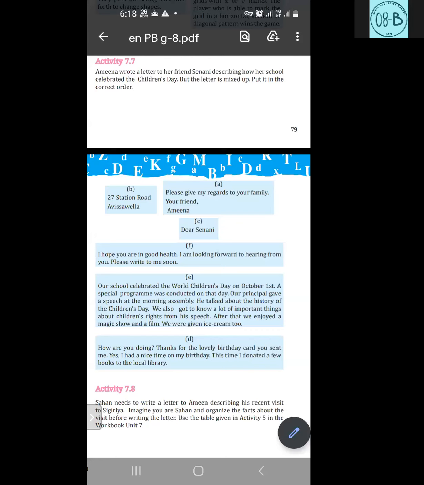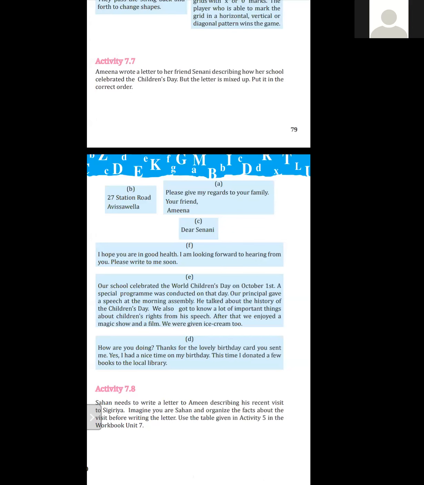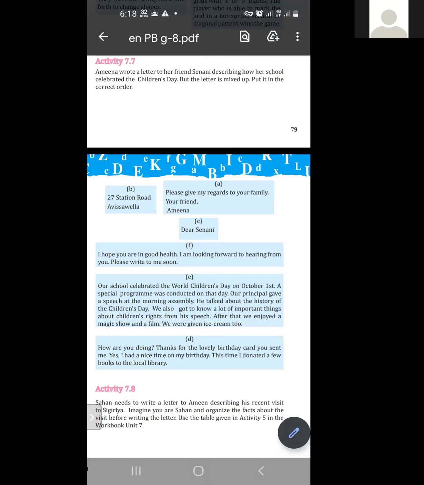Can you guess whose address it should be? இது யாரோட address இருக்கும்னு guess பண்ண முடியுதா? Senani's address. I don't think so. Okay, we'll discuss this later.